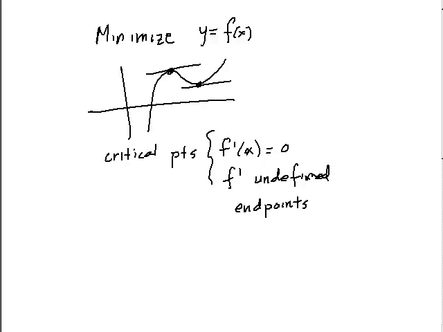Now, when we're minimizing an integral, we're going to get the analogue of this differential condition, f prime equals 0. For the calculus of variations, this condition is going to be called the Euler-Lagrange equation. So let's look at the problem.